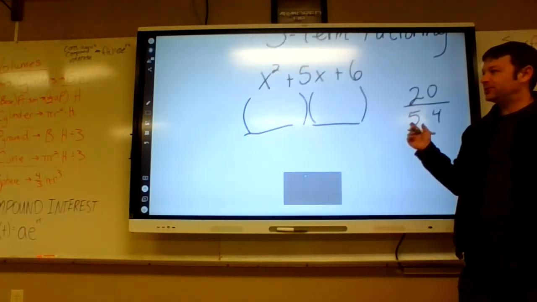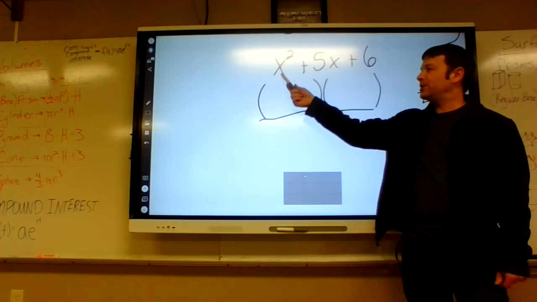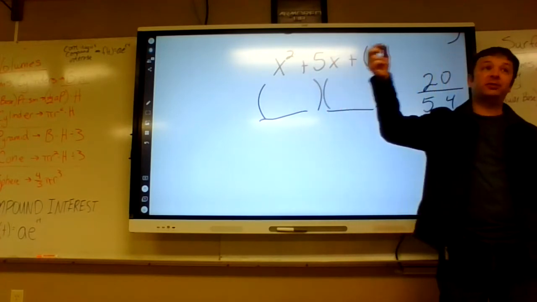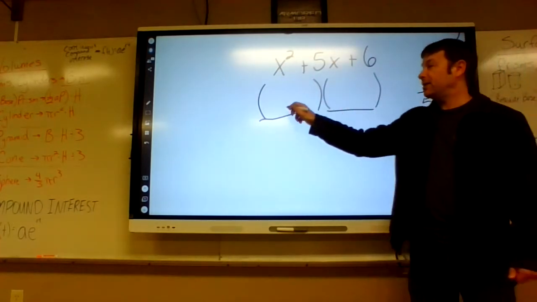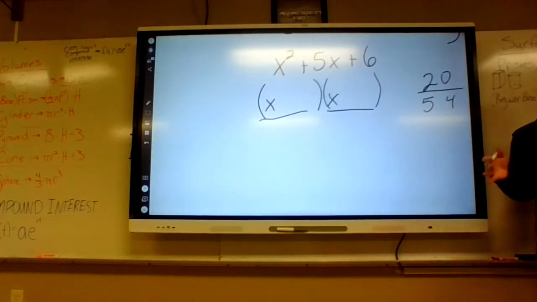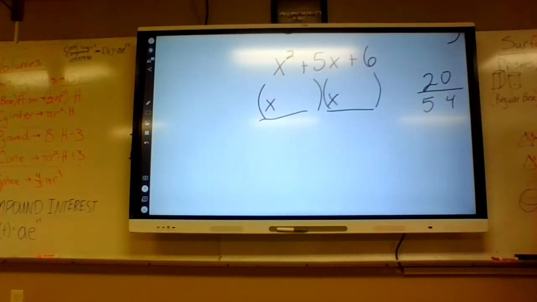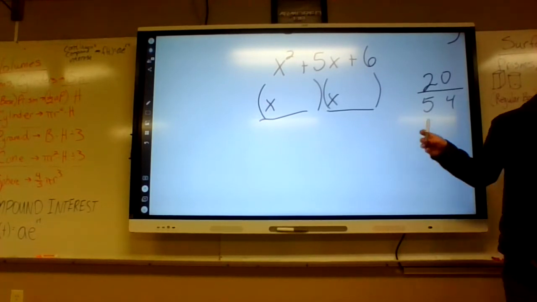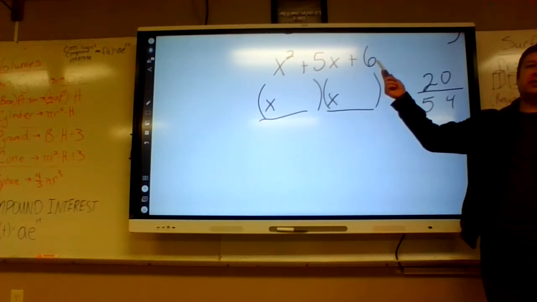Okay, here's how it goes. For the first term, you say, what multiplies into x squared? And that just goes in the front. Remember, first, outside, inside, last. And then for the back, you say, what multiplies into 6? 3 and 2, or 2 and 3. 6 and 1.